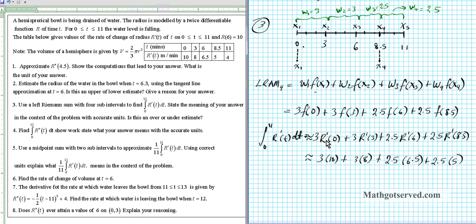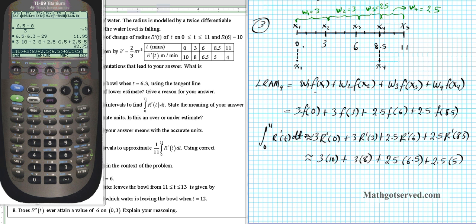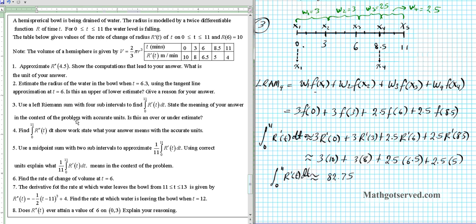We just plug all these values into our calculator, so your answer is going to be approximately 82.75.